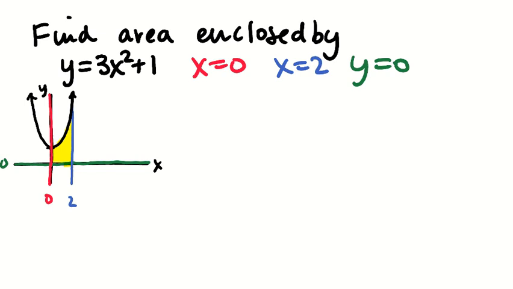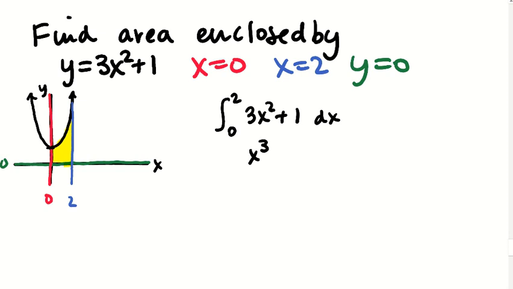So what we're going to do, kind of like what we did on that quiz y'all just took, is set up an integral for this, and then take it. Okay, so the integral is going to be the area under the graph of y equals 3x squared plus 1 between x equals 0 and x equals 2. So we're going to find an antiderivative. What would be an antiderivative for 3x squared? x cubed.